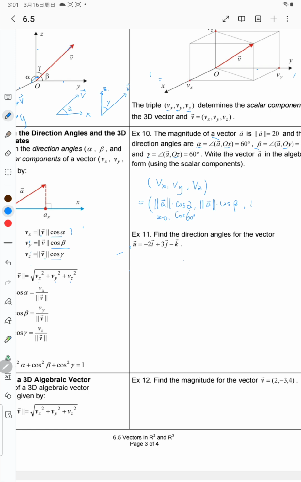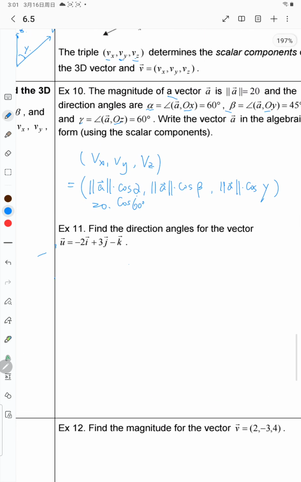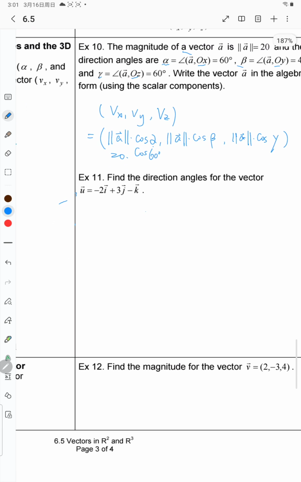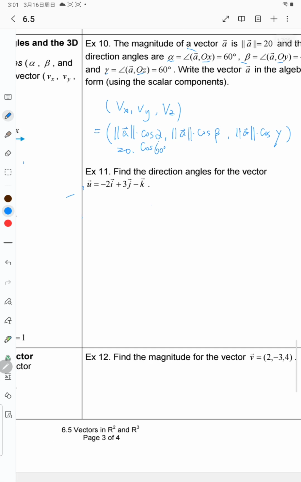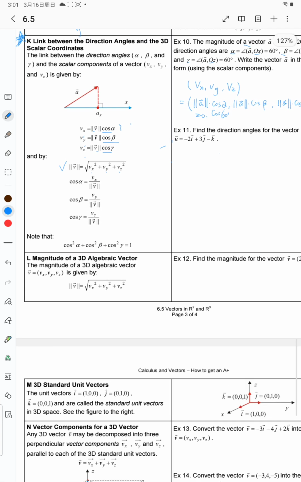And then the norm of a times cosine gamma. Then you just plug in the length of a and the angles.